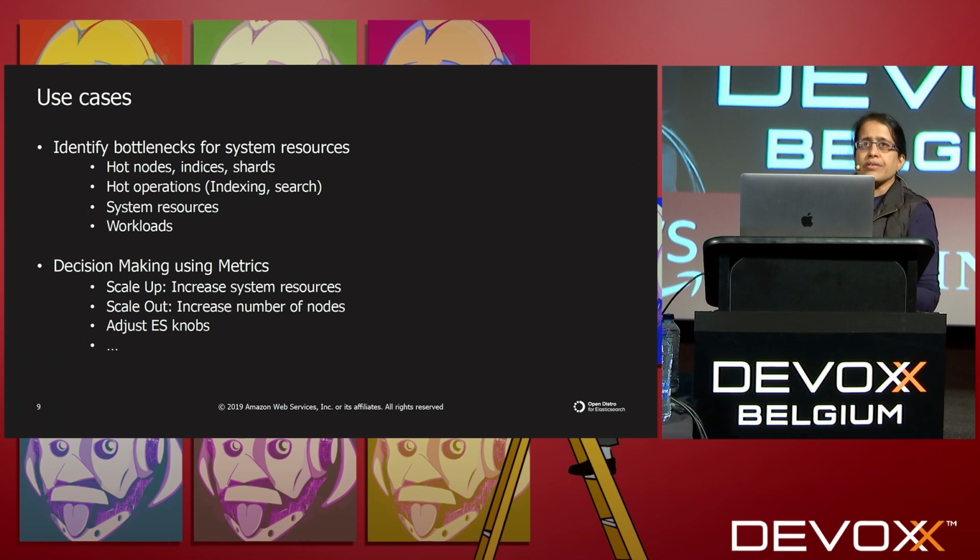Some of the use cases it has been used for by us include identifying bottlenecks for system resources. And as we said, we consume it ourselves on AWS's services, as well as it gives us an understanding of the state of hot nodes, indexes, shards, operations for indexing, index state management, searching, tracking system resources, and workloads.